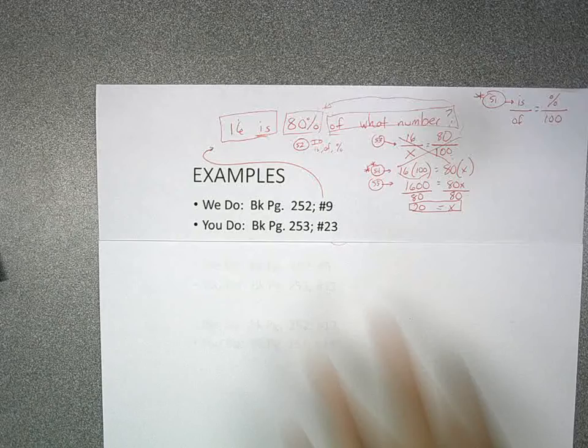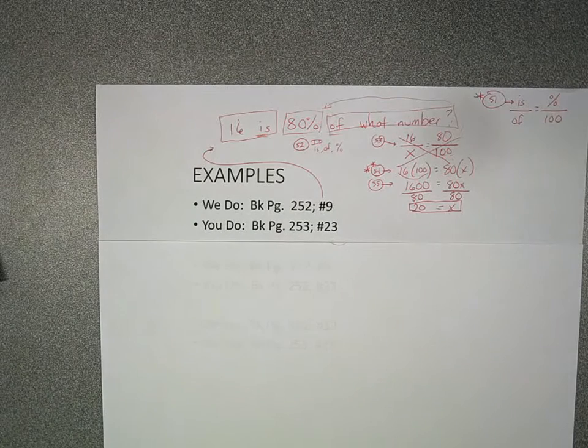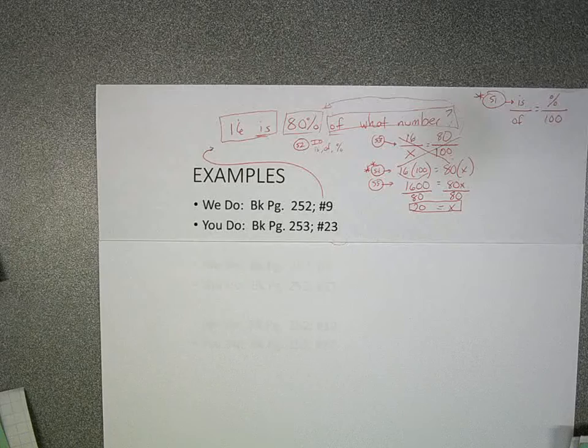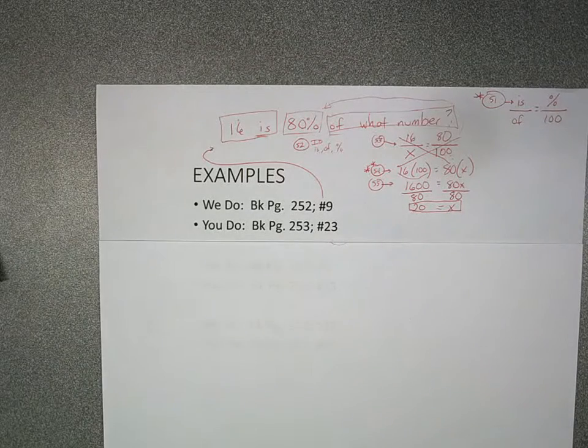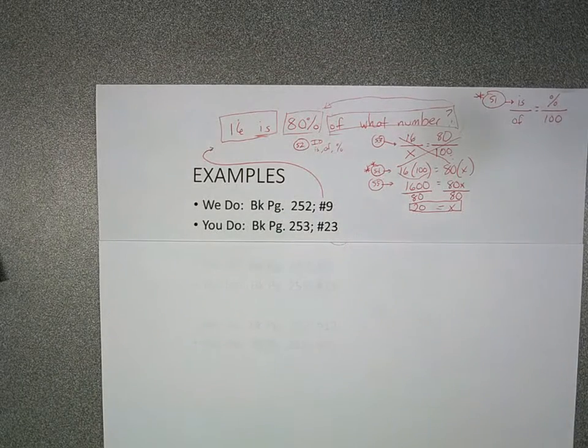All right, 30 seconds, go. I got 30 equals x. You put 12 over x equals 40 over 100.